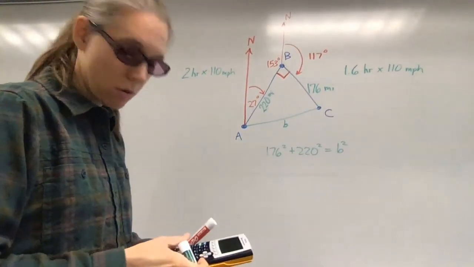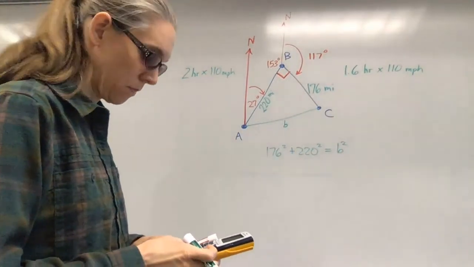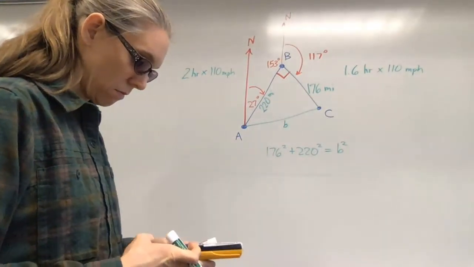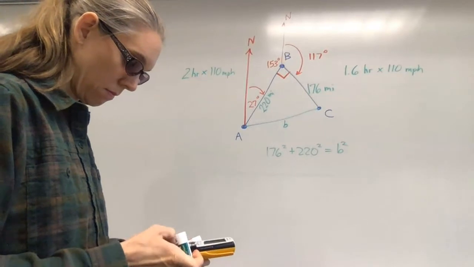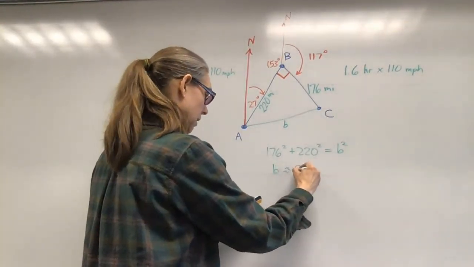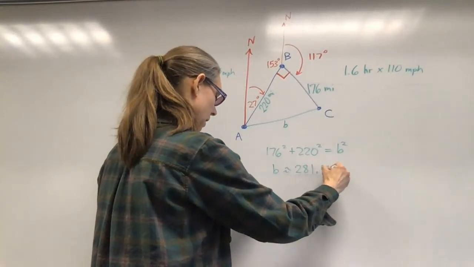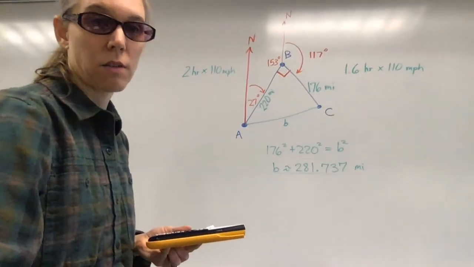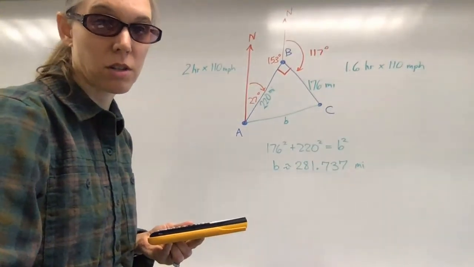That would be adequate work to find B. You can type this into your calculator now. B is approximately 281.737 miles.